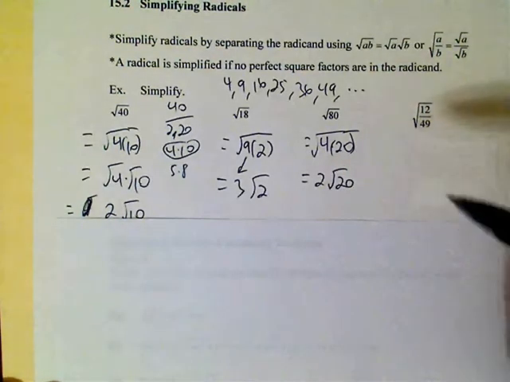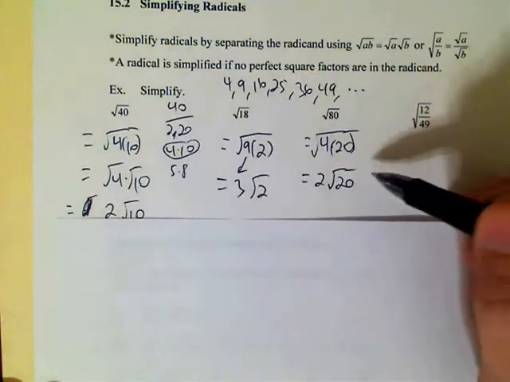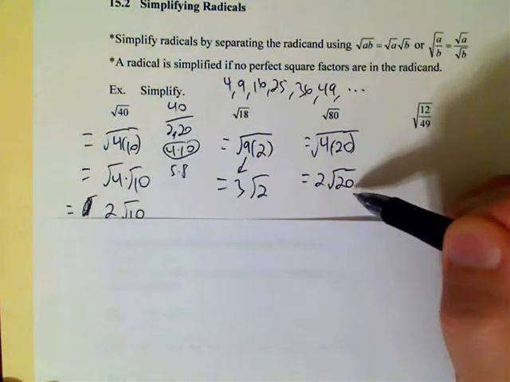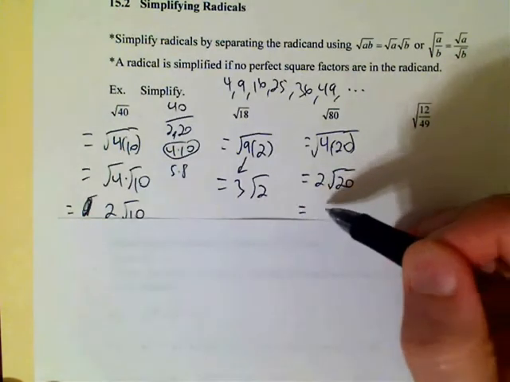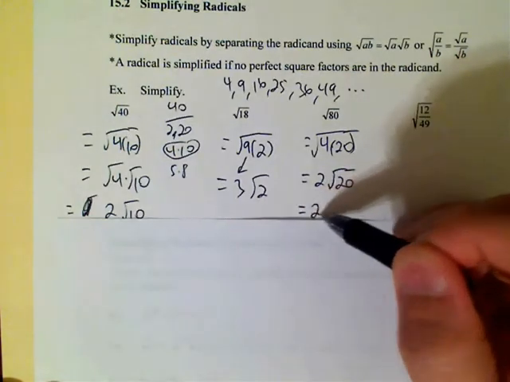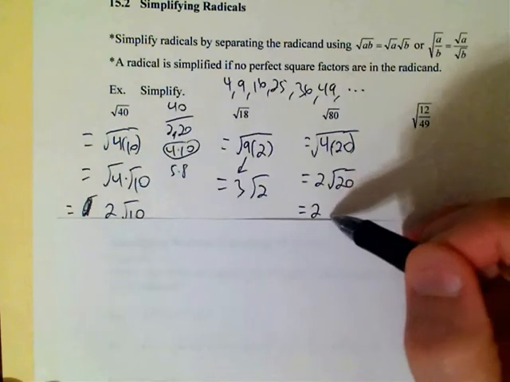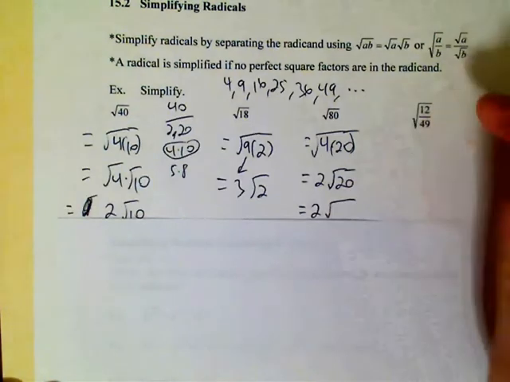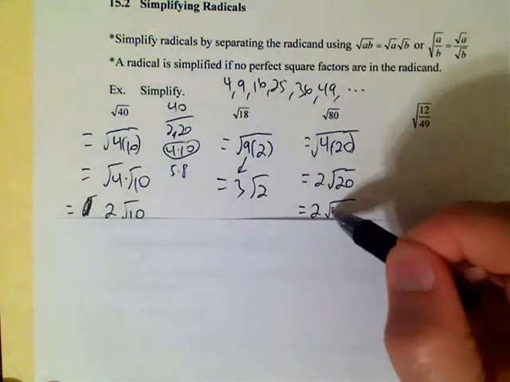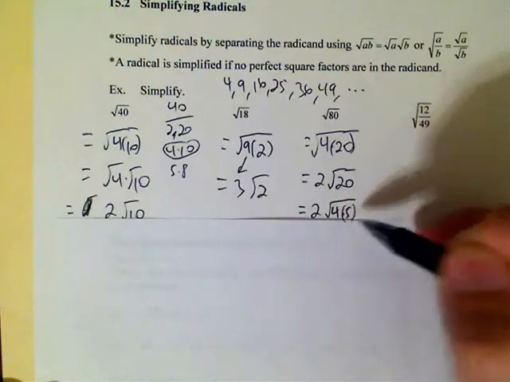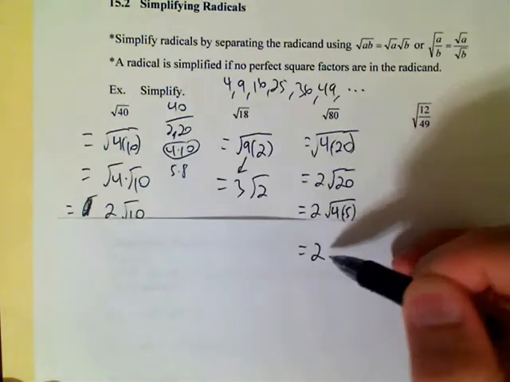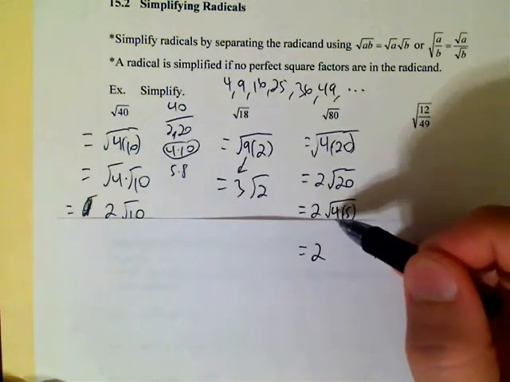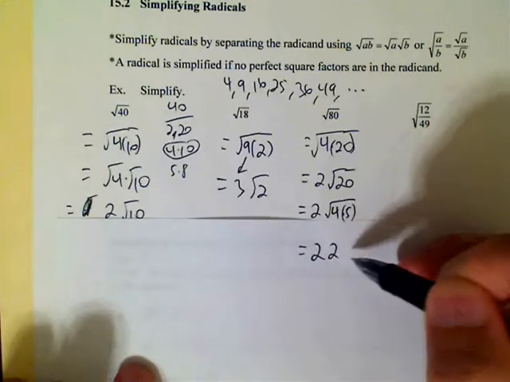You're not done. The reason why we're not done is that the 20 breaks down further. It has a perfect square factor. So we're going to take this 2 and just write it down again. And we're going to separate the square root of 20, because 20 is the same as 4 times 5. Now we bring this 2 on down. The square root of 4 comes out as a 2. And the 5 stays.